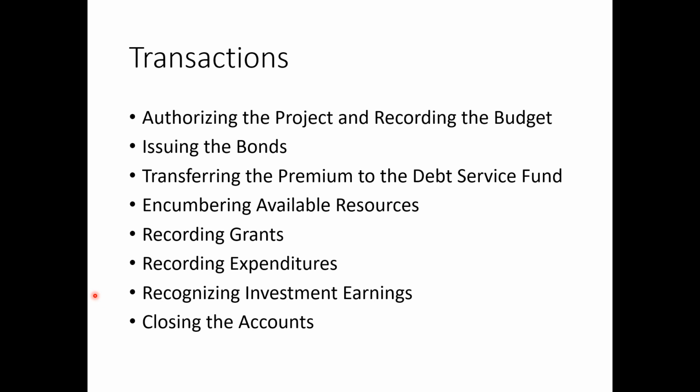So let's talk about transactions in the CPF. We start with authorizing the project and recording the budget. Then we issue the bond. Then we transfer in the premium. If we have a premium on the issued bond, we transfer the premium to the debt service fund.